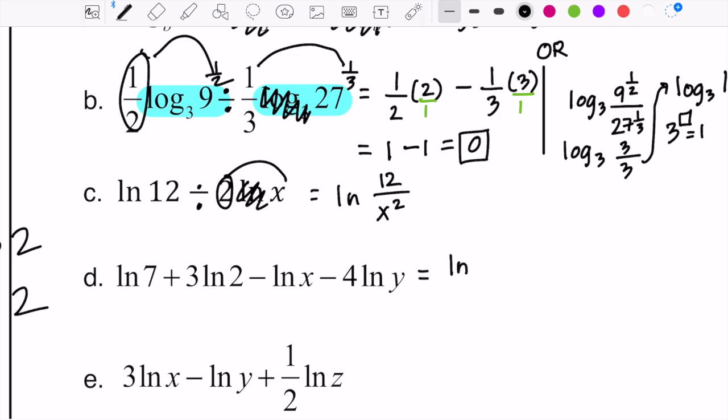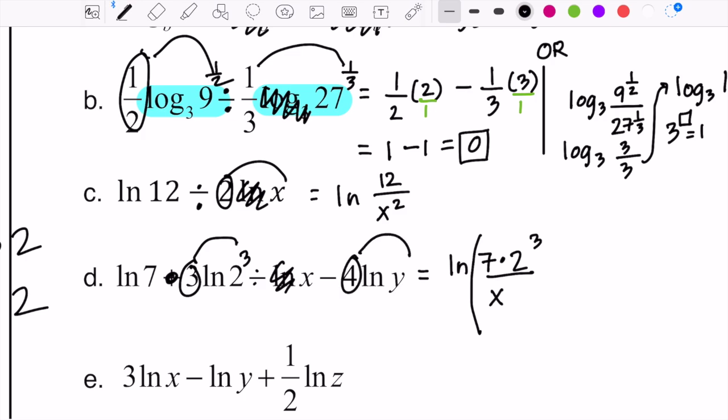This one is natural log of 7 times 2 to the 3rd divided by, make sure this is in the argument, x, and then we learned the lesson that if it's a minus, it always goes in the denominator, so I know it seems like there's 2 dividing, but it's not, and then we just clean that up. 2 to the 3rd is 8, and 7 times 8 is 56, so we get that.